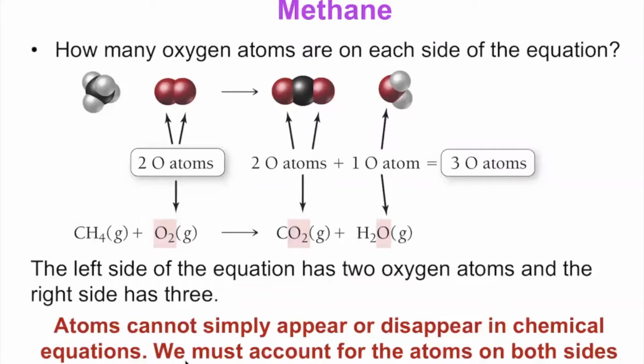If we balance, we are going to be following the law of conservation of mass, because we need to make sure that no atoms disappear in the process of our reactions. We must account for all the atoms on both sides of the equation.